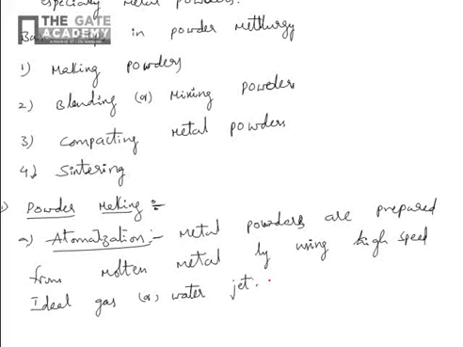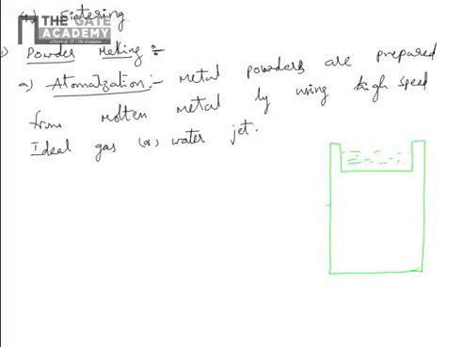The layout is like this: keep the molten metal in one tub, as one enclosure, and send the inert gas. Generally the preferable choice is inert gas. Sometimes people use water also.